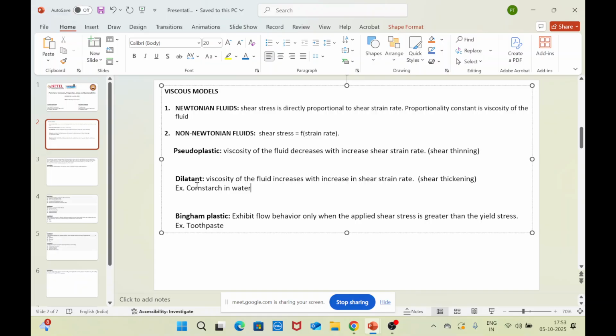Now let's come to pseudoplastic. Think of something very similar to the dilatant one. So what about the example of paint?